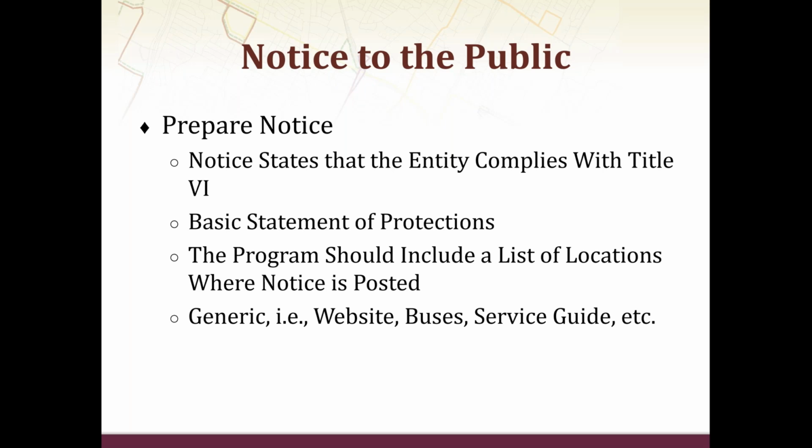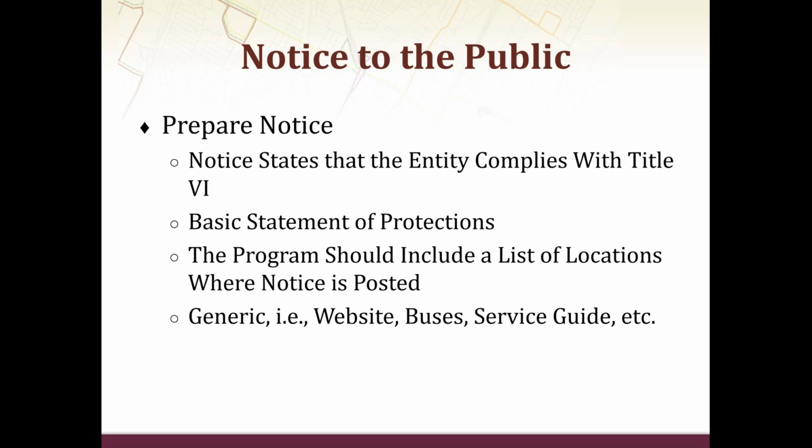And really, those should be any areas that are public facing. So, if you have a transit facility and people can go there and buy bus passes or something like that, then you should have the Title VI notice at the check-in desk. You should have them on your buses. You should have them conspicuously posted basically anywhere the public might see them.